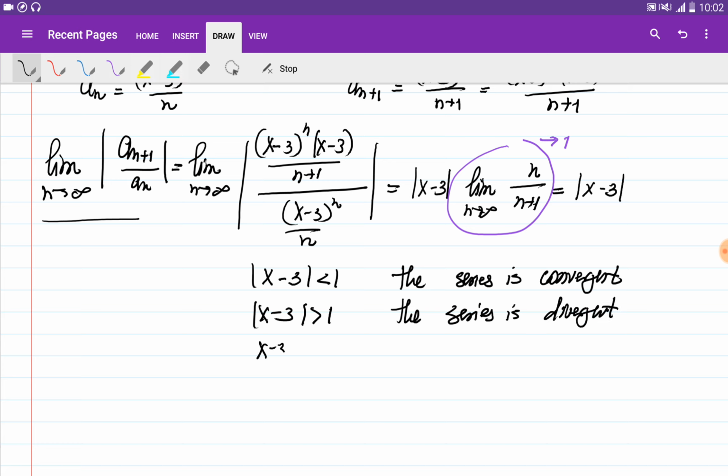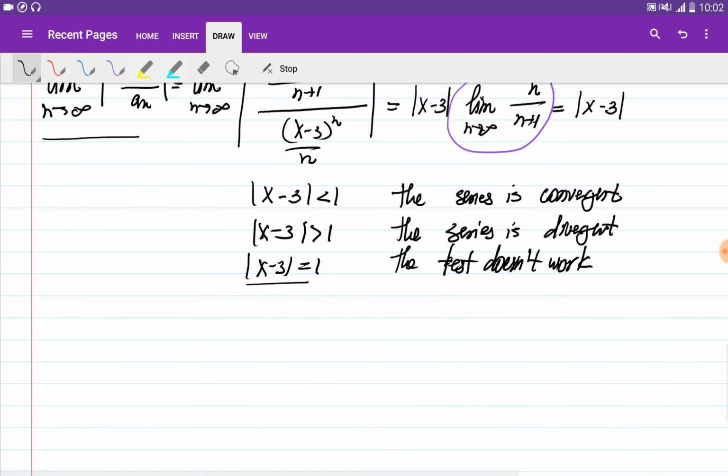When the modulus of x minus 3 is equal to 1, the test doesn't work, right? Basically, the test doesn't know whether the series is convergent or divergent when the limit is equal to 1. So we need to check these cases separately using other tests.